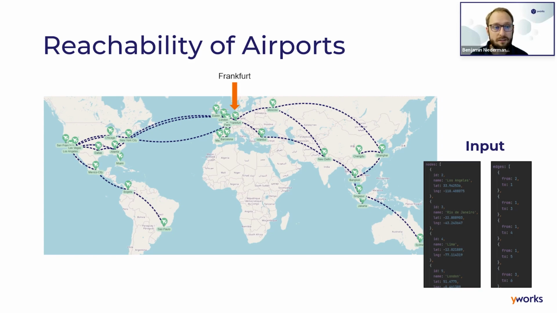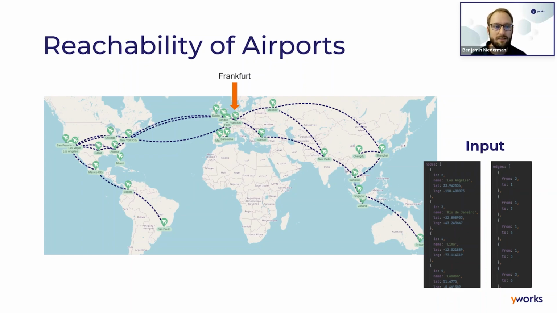The idea of this coding example is that we are given some airports as a JSON file, and each airport represents a node. So it has some name, but it also has some coordinates given in longitude and latitude. And then we also have some connections between these airports, describing how we can get from one airport to another airport.